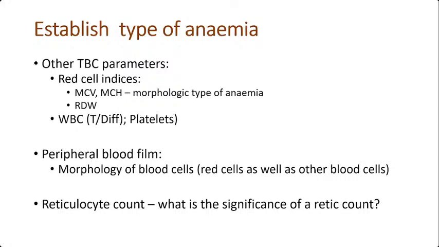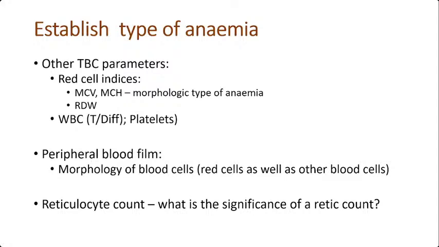Okay, it has RNA. And to do a reticulocyte count, we usually can use special stains, which are known as supravital stains. And the supravital stains will help us identify these reticulocytes.